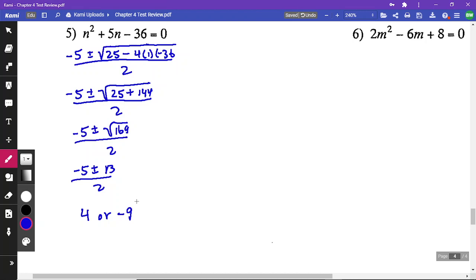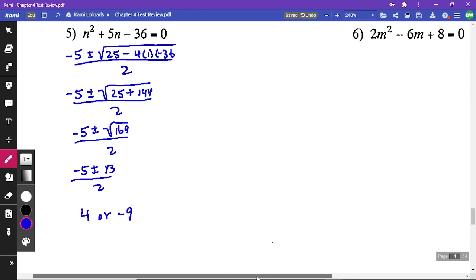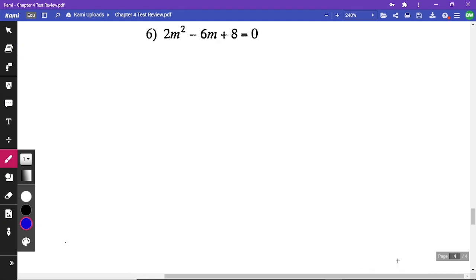Okay, let's look at the next. Let's see. The next one. I believe, yeah, we'll go ahead and do this one. Okay. Now this one, you're going to end up with a negative under the radical, so that's a good one to do. So you get negative b.